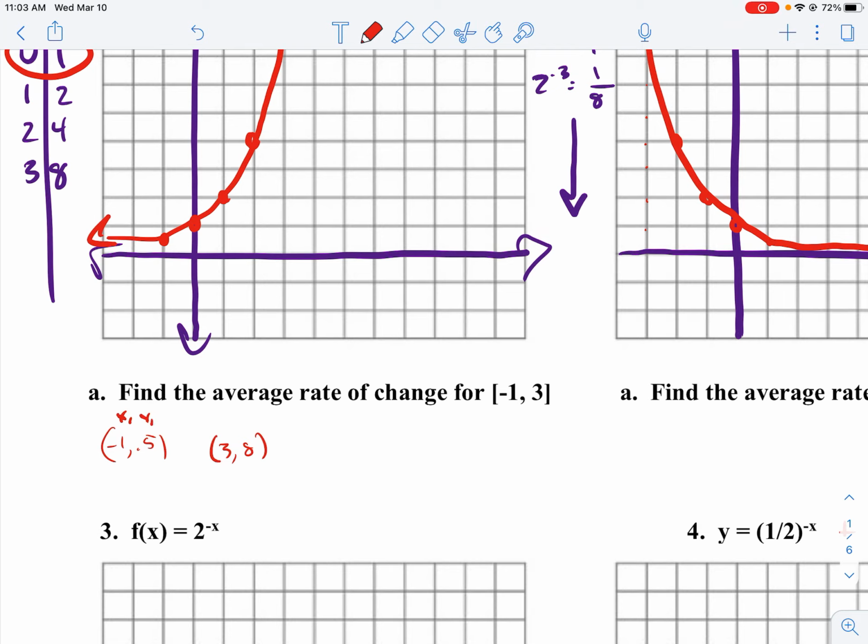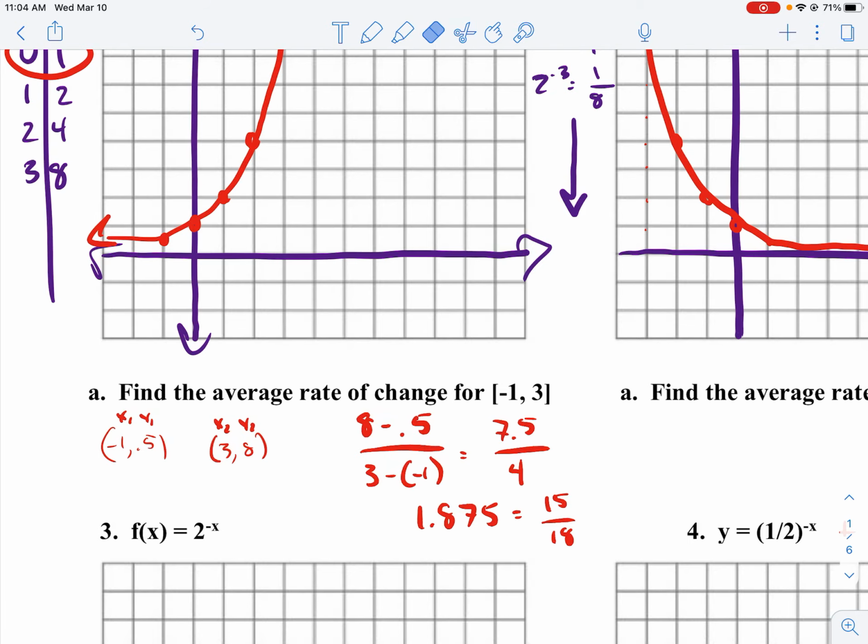So x1, y1, x2, y2. So we're going to go 8 minus 0.5 all over 3 minus a negative 1, which will be 7.5 over 4, which is 1.875.